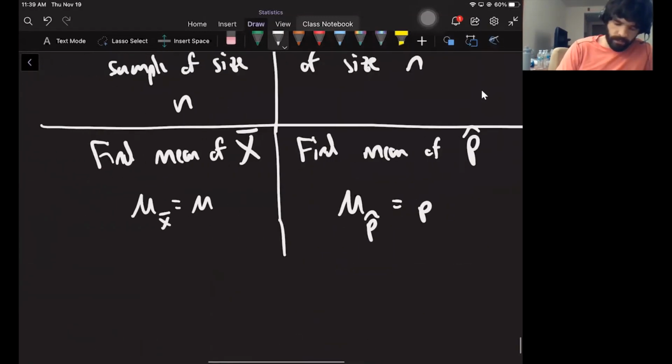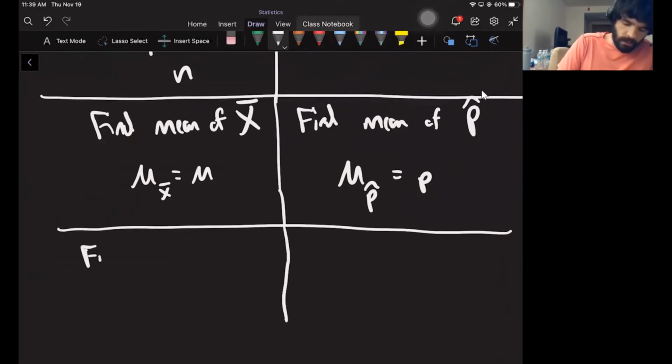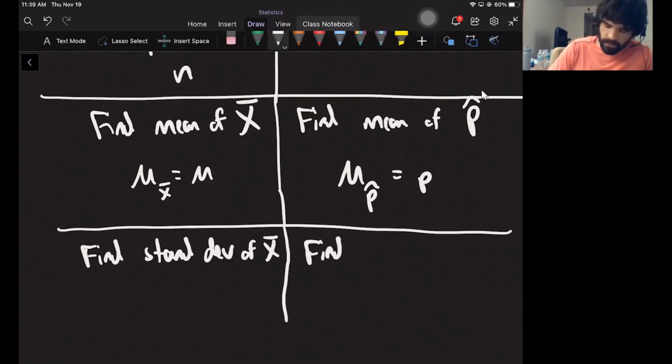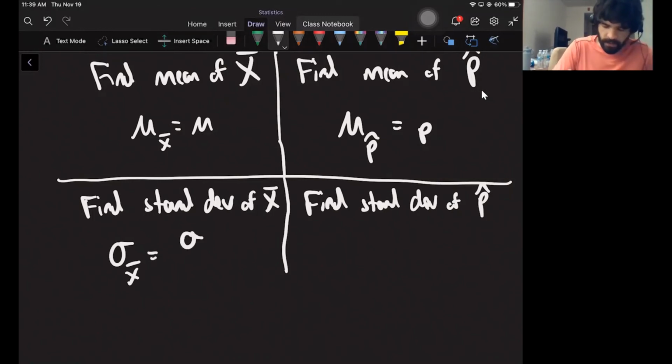So that's the mean of the distribution that you're using to answer the questions, but then you also need the standard deviation of these things to build the normal distribution. On the left, the notation is sigma sub X bar, but it's just found by using the standard deviation that they give you and dividing by the square root of n.